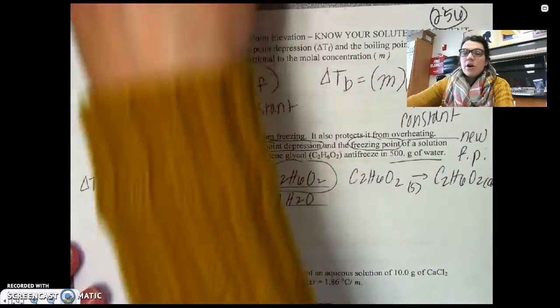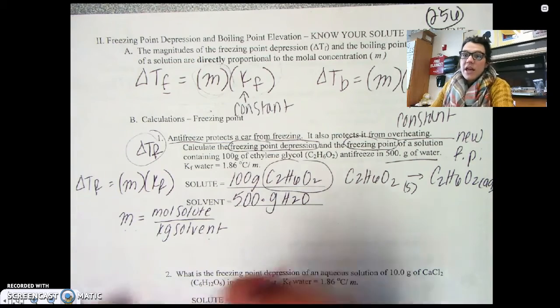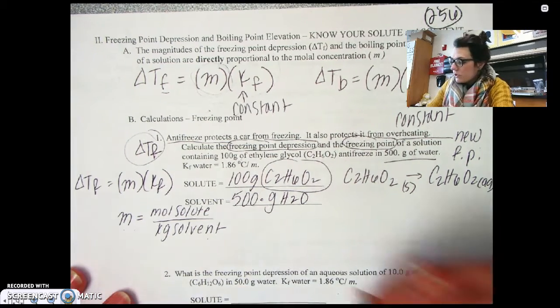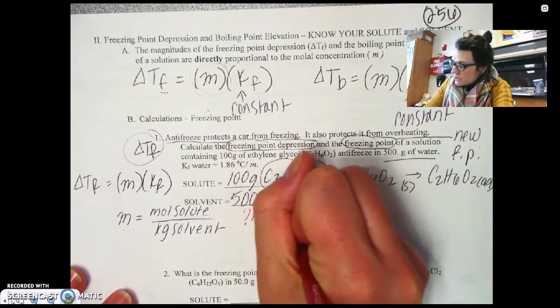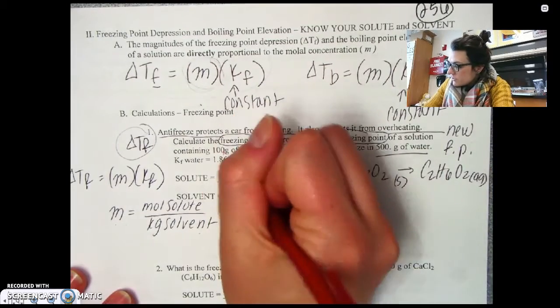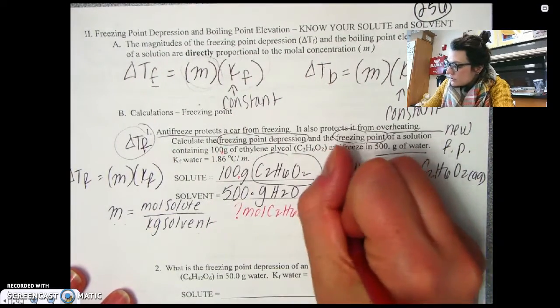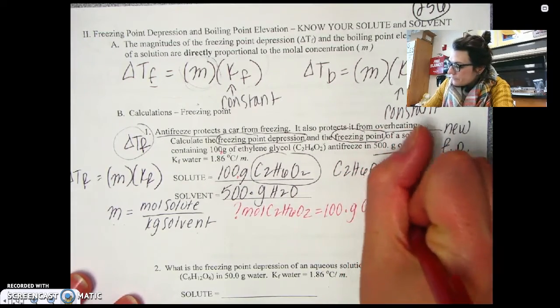Now here's the thing though. I'm not given moles of solute, I'm given grams of solute. So the first thing I'm going to have to do is convert into moles of solute. So I'm going to say, question mark moles of C2H6O2 is equal to, and let's put a decimal here just so we can keep some sig figs, 100. grams of C2H6O2.